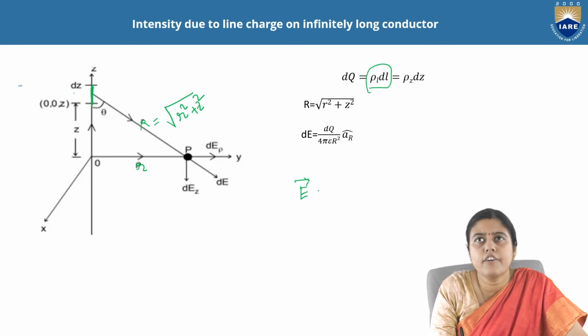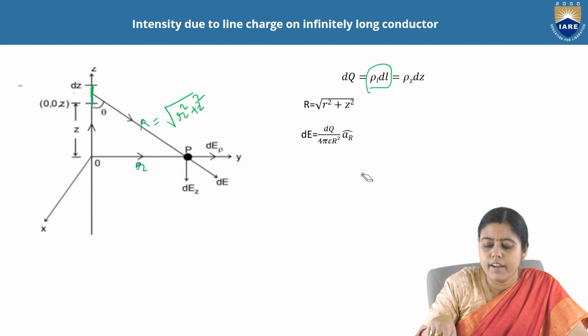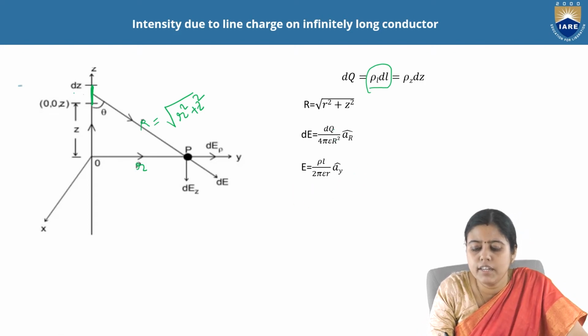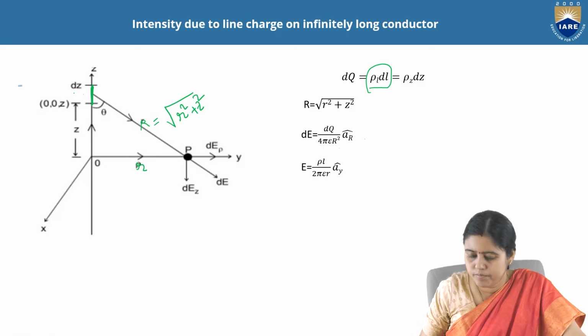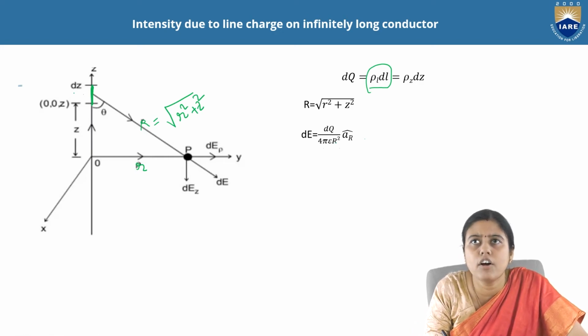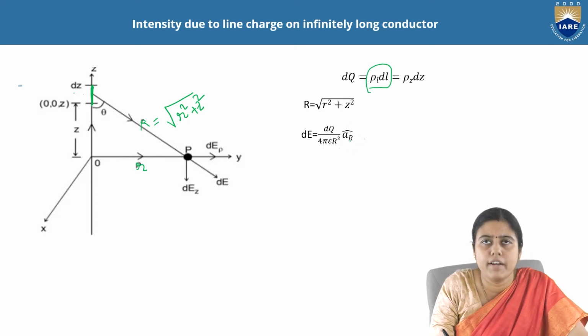Taking a small dQ, dE is equal to dQ by 4 pi epsilon R squared into aR. What is aR? The aR is the unit vector.